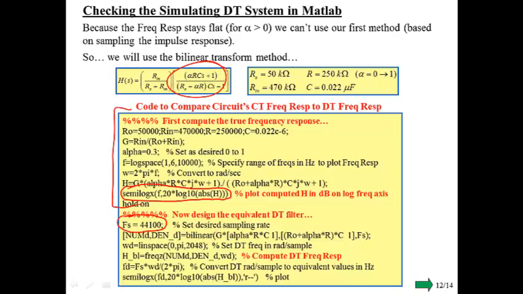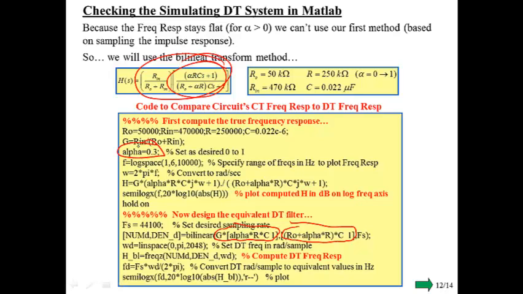It's a nice simple command to use to design the equivalent discrete time system, and I just populate it with the coefficients necessary drawn from my known H of S. Up here I can set alpha to be what I want, and then I have to tell the bilinear design routine what sampling rate I'm using.